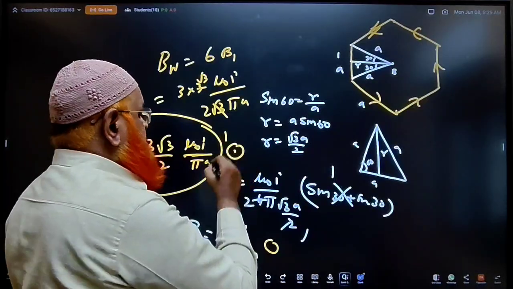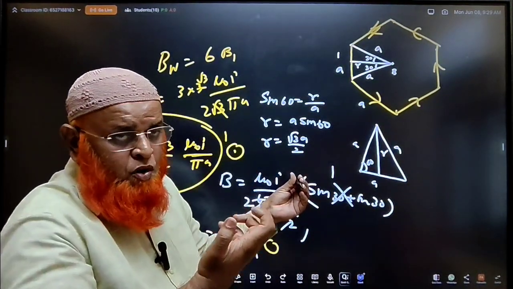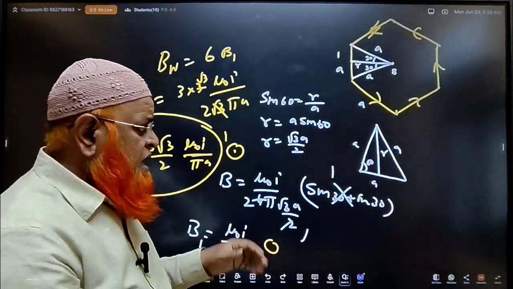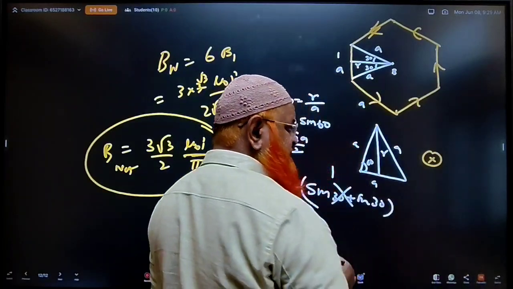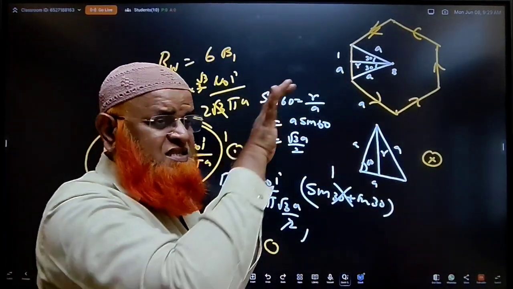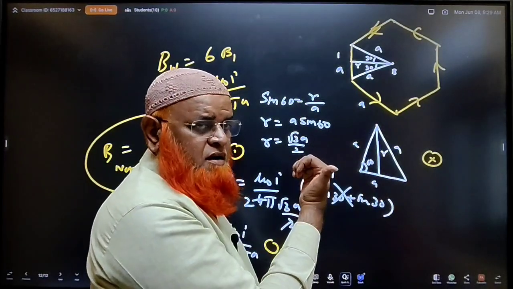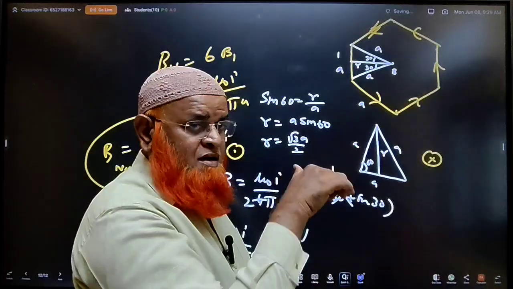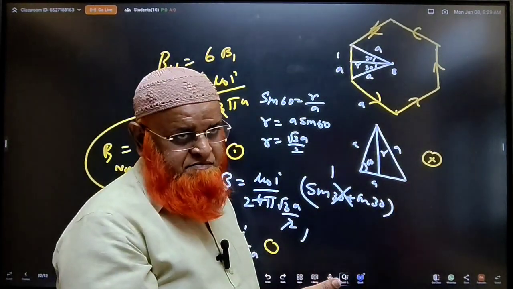If magnetic lines of flux are coming outside the board and perpendicular to the board, that is represented with a dot. If they are going inside the board and perpendicular to the board, we write it as a cross, into. So clock is into, anti-clock is out. The best method is: aunty outside, uncle inside.